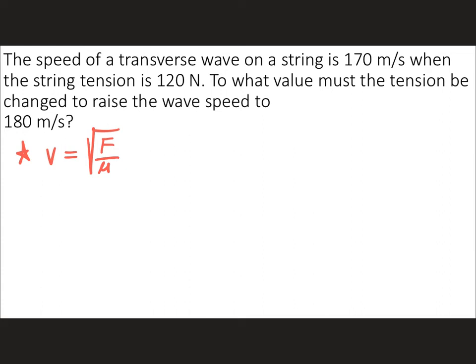All right. Well, we need to unsquare root this business. So this means v squared would be F over mu, which means we could get to this sort of function here.